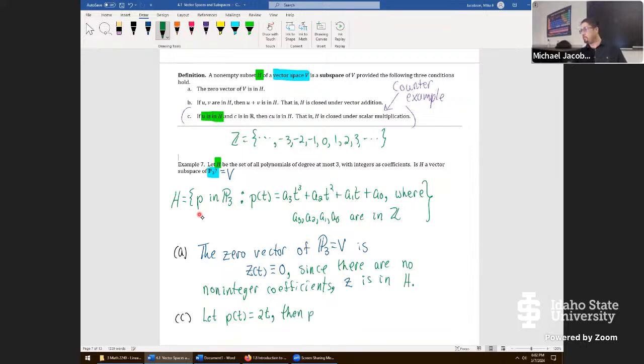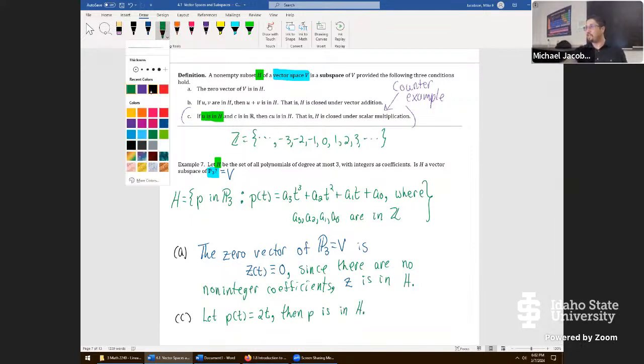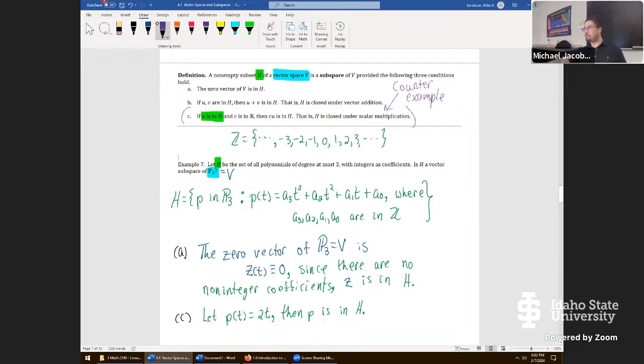Then p is in H. Now we're trying to leave this set. We're trying to show closure fails. And the only way we're going to do that is we pick our scalar c here very wisely. So let's let c equal, and any volunteers for a good choice of a scalar to break part C?